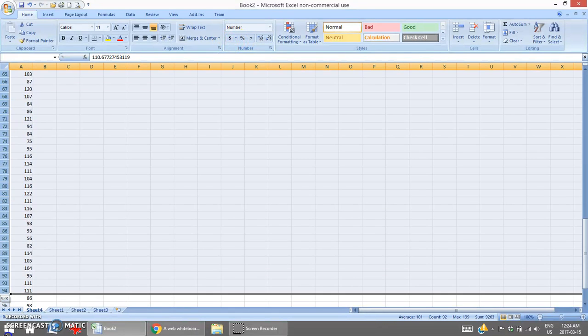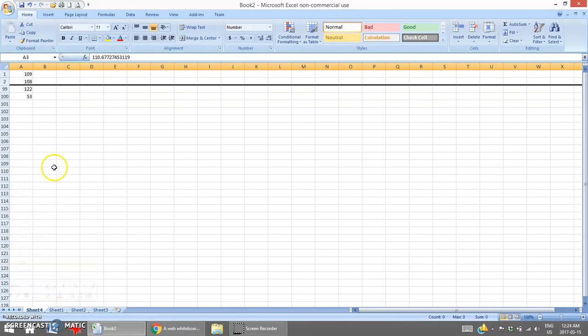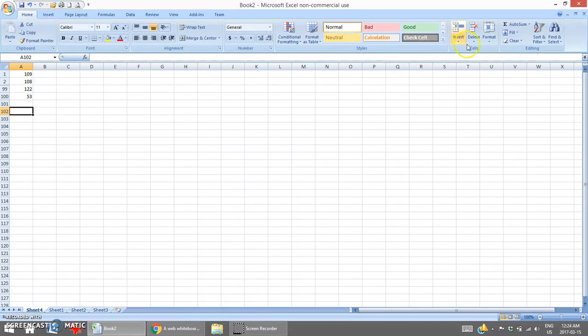I'm going to hide the middle 90 or so values. So all the other values are there. We could calculate the average of that sample. And look at that average. It is 100.5.